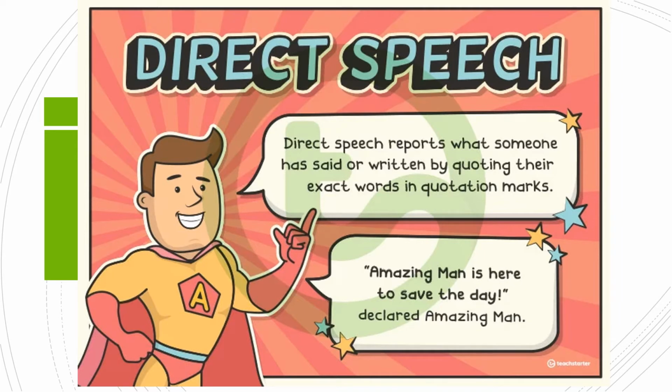Direct speech. Direct speech reports what someone has said or written by quoting their exact words in quotation marks. "Amazing Man is here to save the day," declared Amazing Man. If you have ever heard people that make videos on YouTube, when they quote someone that said something, they would say, quote, Amazing Man is here to save the day, end quote.